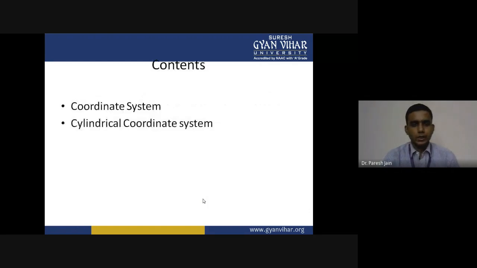In the last lecture, we already discussed the Cartesian or rectangular coordinate system. Today we discuss the cylindrical coordinate system, which is applicable to the cylinder. It is also known as the circular coordinate system.